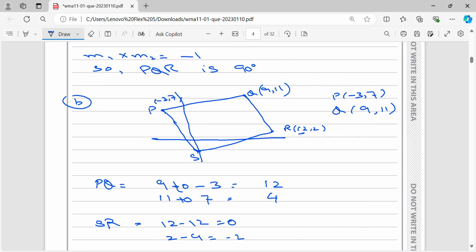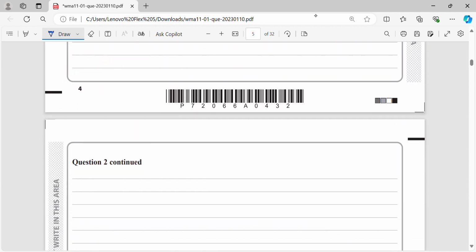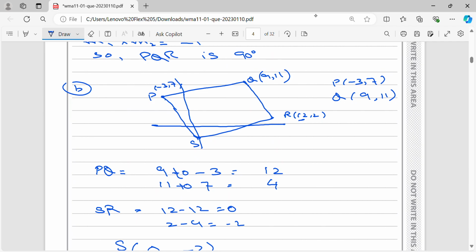Another way is, let me write down here, alternate. Alternate method could be if I find, because I have here PR, and let's say SQ is X and Y, right? If I find the midpoint of PR and SQ, let's first find the midpoint of PR.